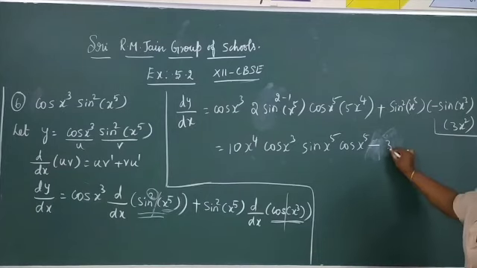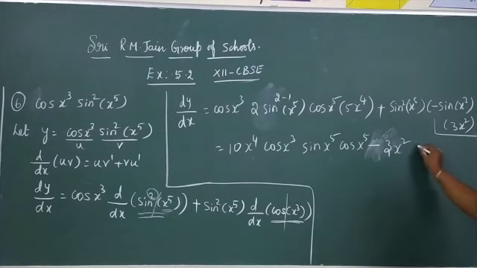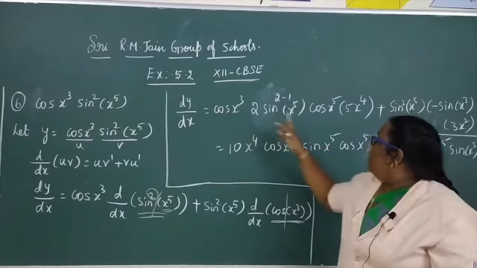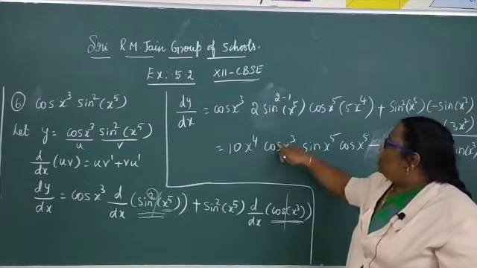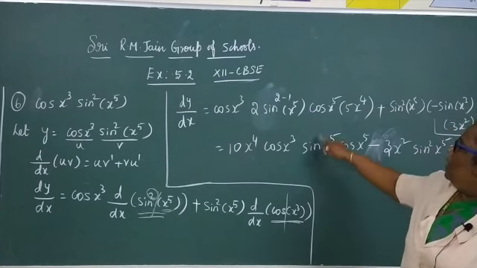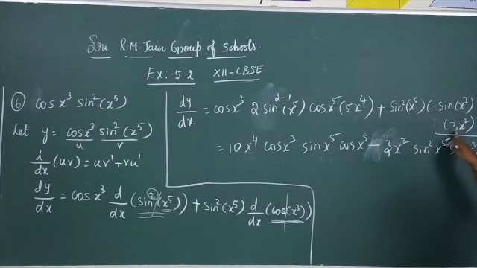See here, 3x square sin square x power 5 into sin x cube. So the answer is 10 x power 4 cos x cube sin x power 5 cos x power 5 minus 3x square sin square x power 5 into sin x cube.